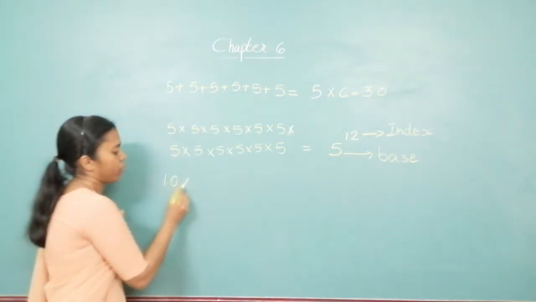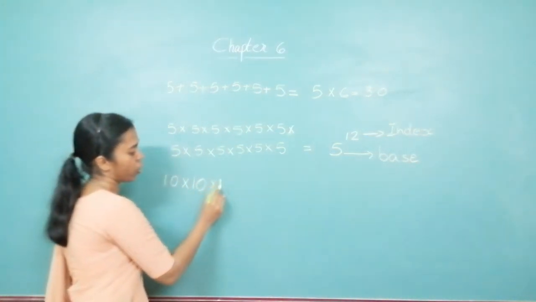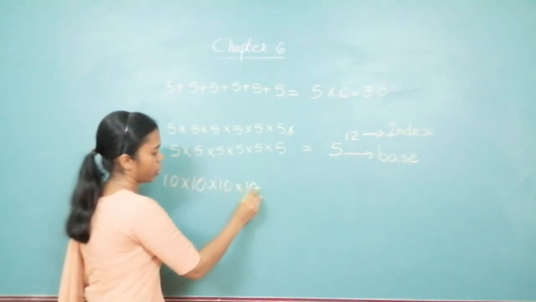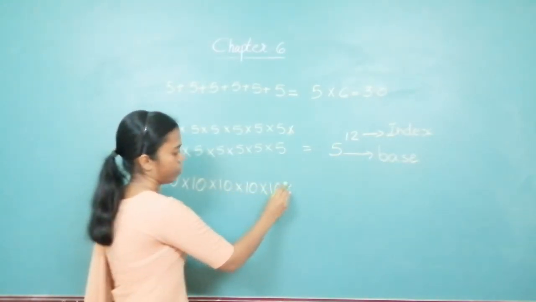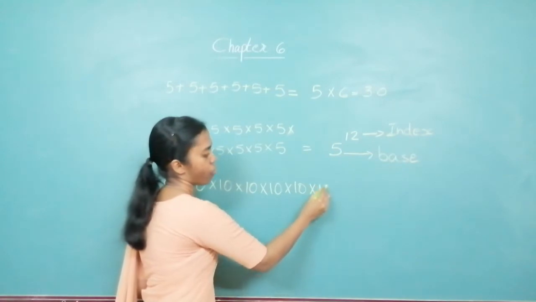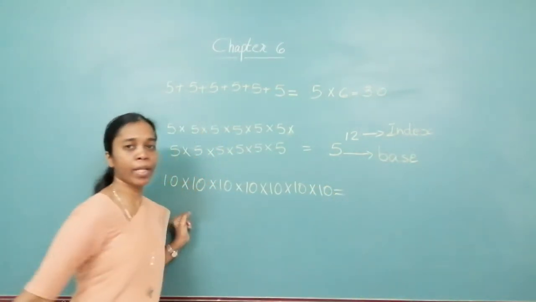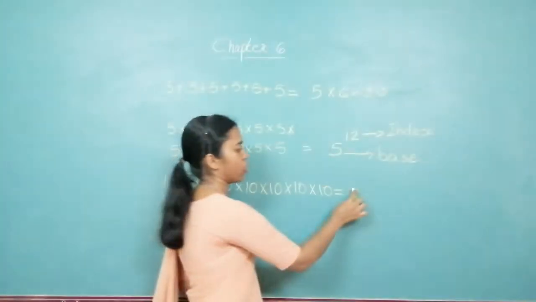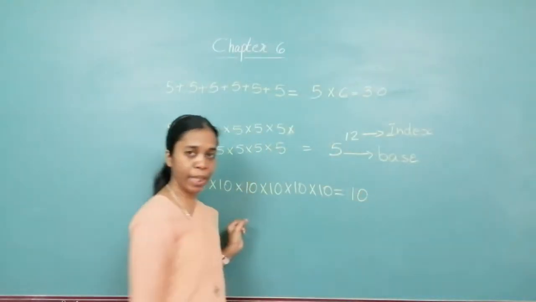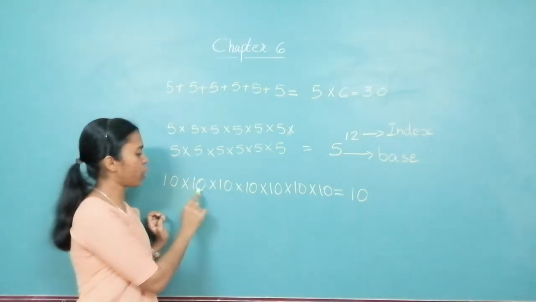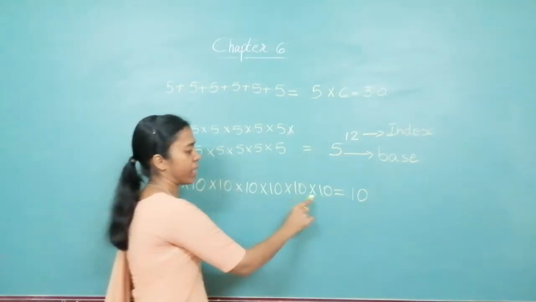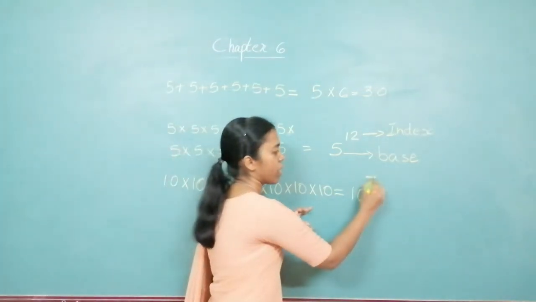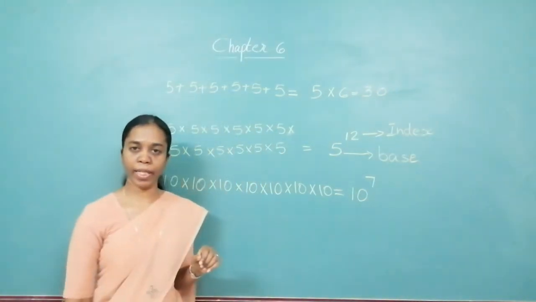Suppose I have 10 into 10 into 10 into, and so on. How do I write it in the index form? Which number is multiplied? 10. So write that; this is my base. Now how many times? 1, 2, 3, 4, 5, 6, 7 times. So 7 is my index or exponent.